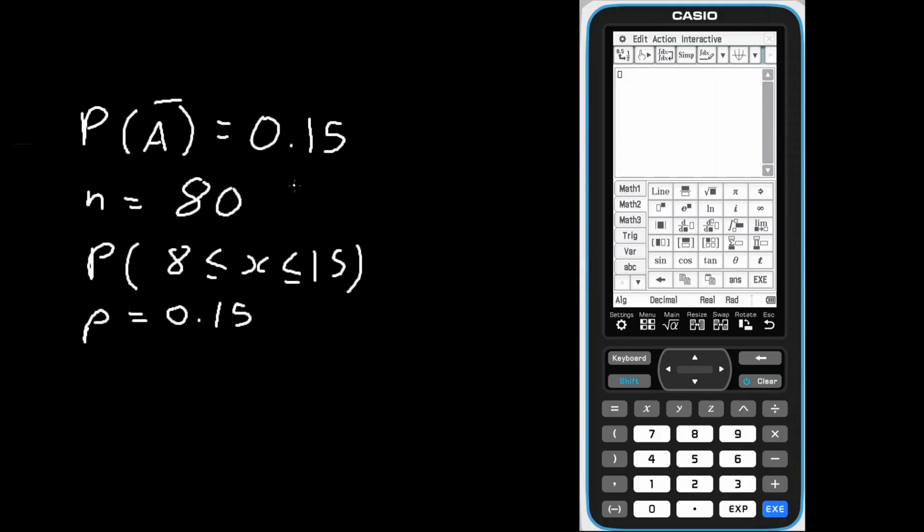Okay, so first of all, we have to define what the distribution is. The distribution of something like this example is, we say let X be the number of applicants not accepted.